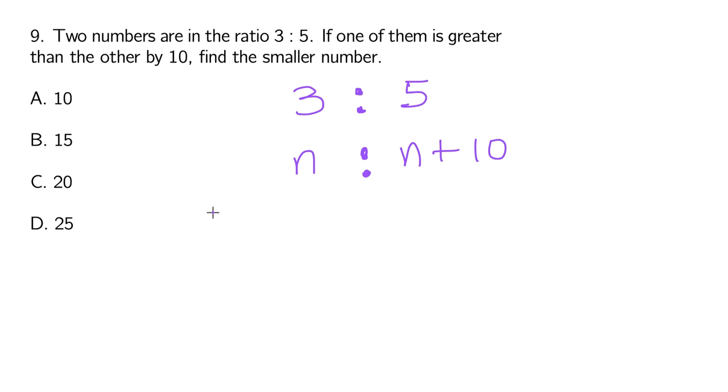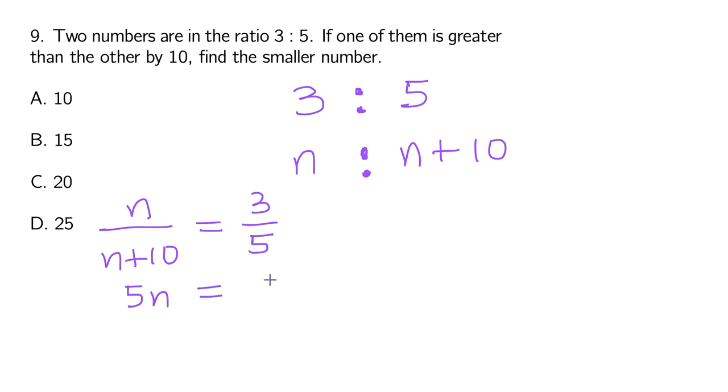Now what can we do? We know that n over n plus 10 is equal to 3/5. So we can cross multiply. That gives us 5n equals 3 times n plus 10.